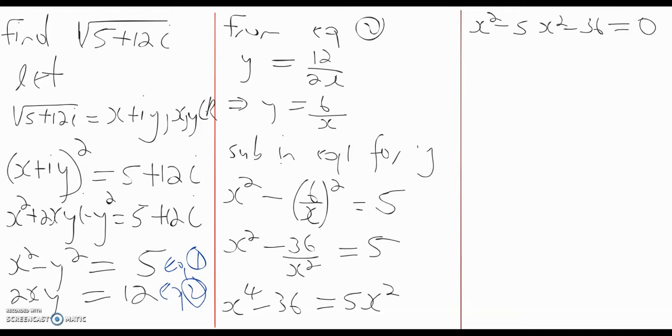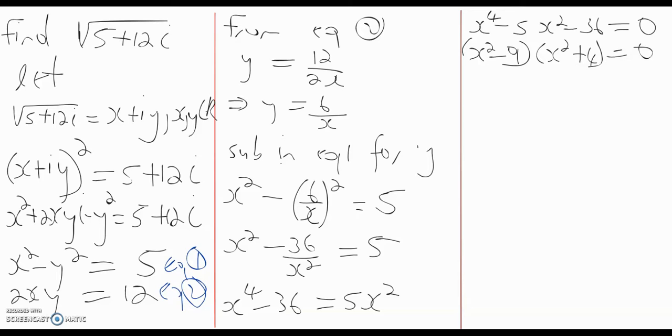Sorry, that would have been x to the 4. Since the coefficient of x to the 4 is 1, we can go right ahead and use the shortcut method. So we need two numbers. When we multiply them, we get minus 36, but when we add them, we get negative 5. Now that would be a negative 9 and a positive 4. So when I factorize this, it's going to be x squared minus 9 into x squared plus 4 equals 0.